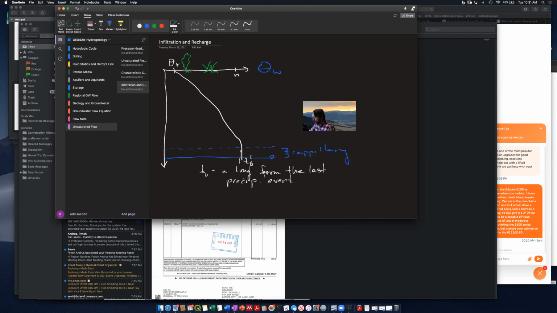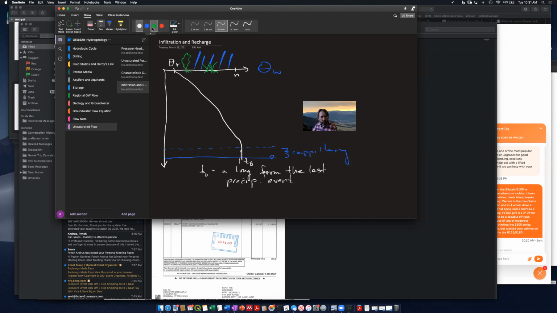Now let's think about, we get some precipitation. And so water falls at the surface. So we're getting water at the surface, and it's starting to infiltrate the soil. So times T1.